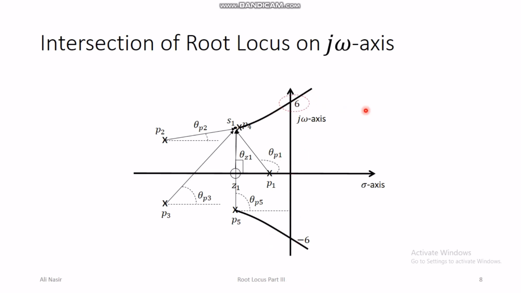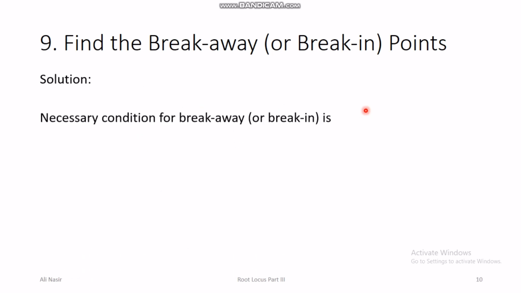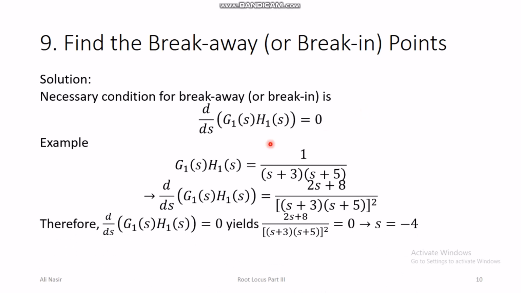And next we moved on to rule number 9. We looked at what a breakaway point and a break-in point are, and how to calculate them. We take the derivative of the open loop transfer function and put it equal to 0, and when we solve, this becomes the breakaway or break-in point. We also have to look at the actual root locus and apply rule number 6.